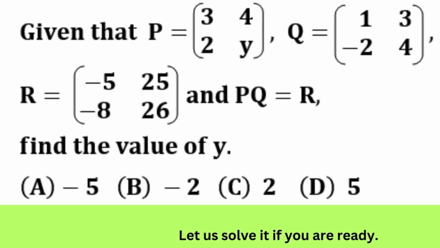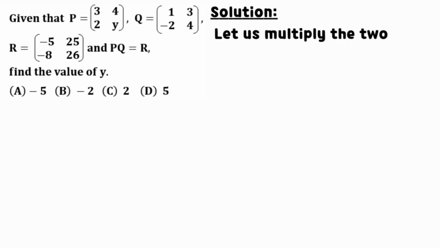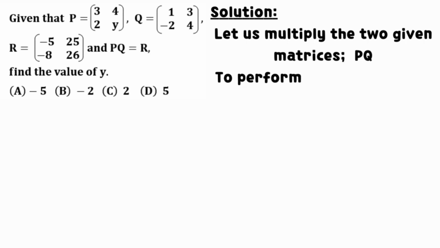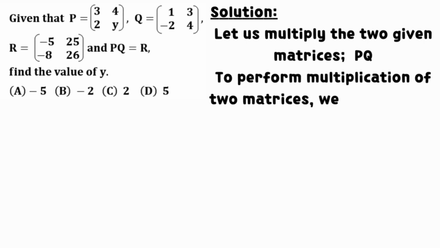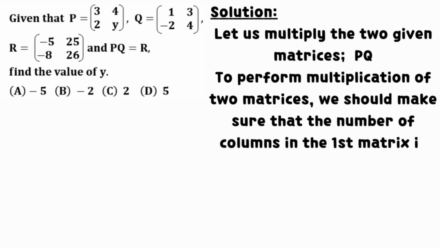What is y given that the product of matrices P and Q equals matrix R? Let us multiply the two given matrices, PQ. To perform multiplication of two matrices, we should make sure that the number of columns in the first matrix is equal to the number of rows in the second matrix.